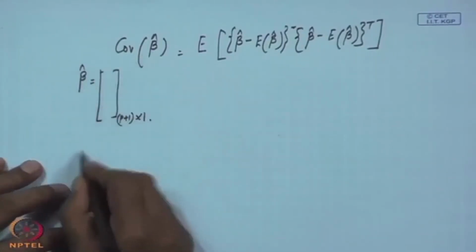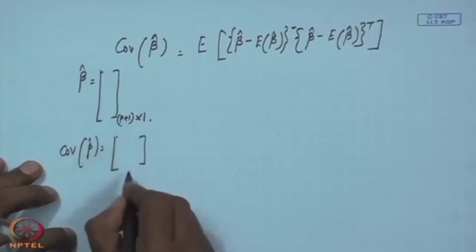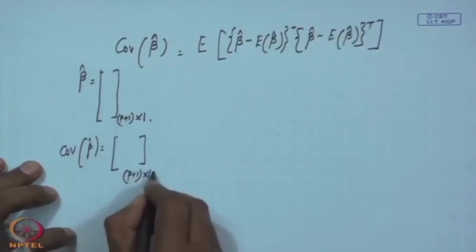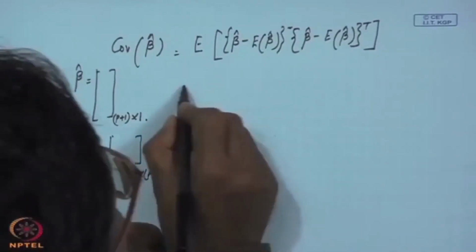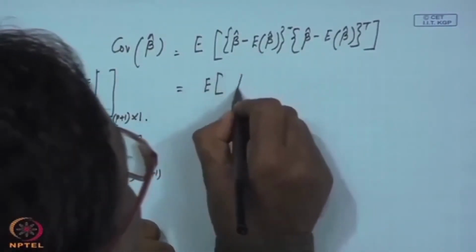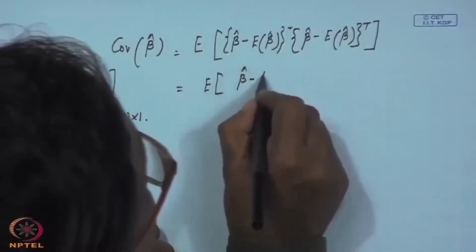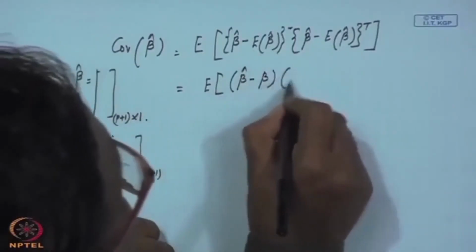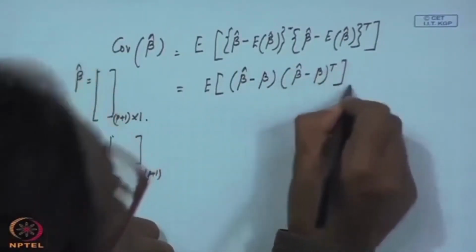So our covariance matrix of beta cap will be a matrix of p plus 1 cross p plus 1. Now we can write this as the expected value of beta cap minus beta, into beta cap minus beta transpose.